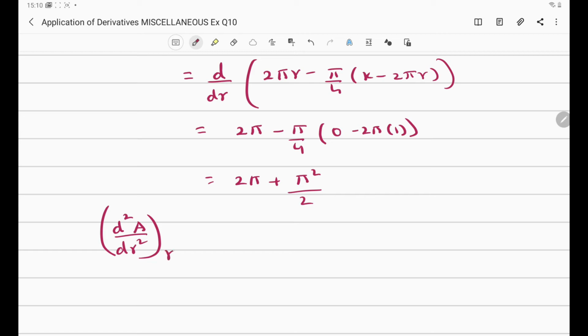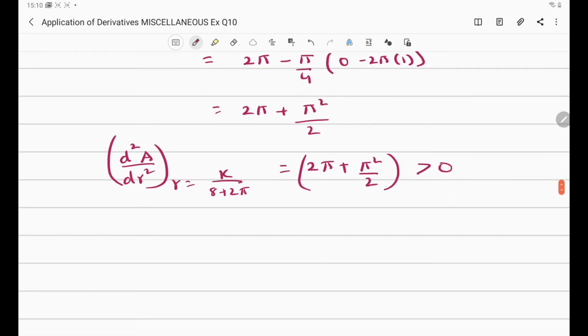dr square at r equal to k by 8 plus 2 pi is equal to 2 pi plus pi square by 2, which is positive. Therefore r equal to k divided by 8 plus 2 pi is a point of local minima.